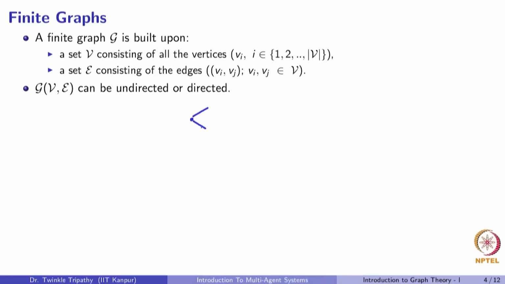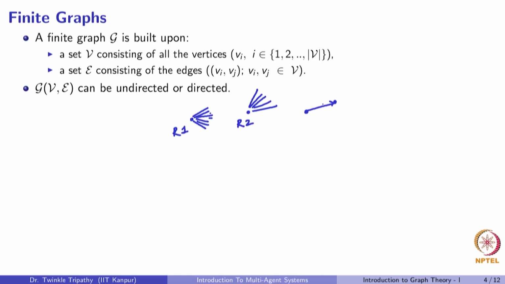Suppose we have a set of robots which have a limited field of view. Let's call them robot 1 and robot 2. Now, while robot 1 can actually see robot 2, robot 2 is not able to see robot 1, meaning the edge that we construct here will have a direction to it.